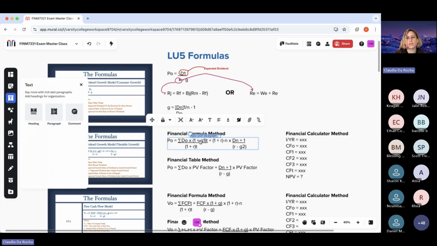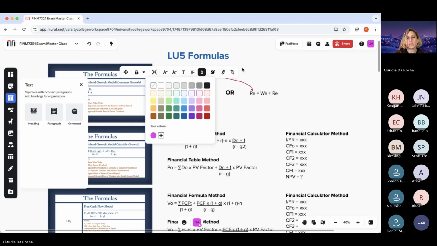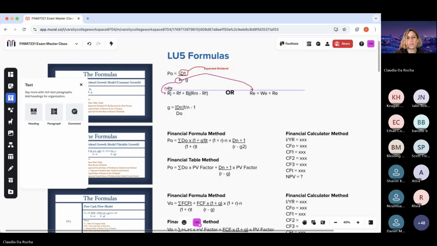So your formulas keep creeping up again. What you've learned before comes back again. Okay, so this is our CAPM. Remember, when you're dealing with your weighting on the cost of equity, you can also be asked to calculate that.